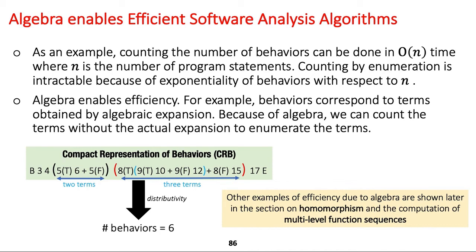The order of computation is O(n), where n is the number of program statements. Later on, we'll see other examples of efficiency due to algebra. Especially we will talk about homomorphisms to compute relevant behaviors, and we will also apply homomorphisms for analysis of software across multiple functions.